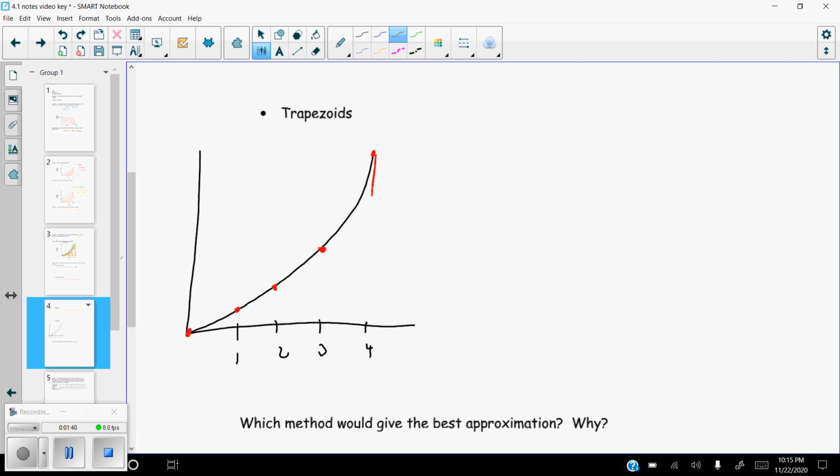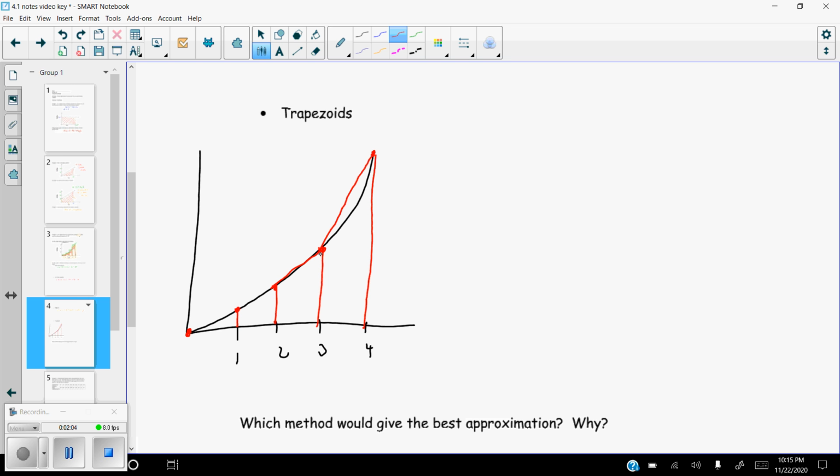So I'm going to draw a vertical line to separate all these. And those vertical lines are basically the bases of the trapezoids. The height of the trapezoids is the difference in the x values. And then we've got this piece right here, which creates the other side of the trapezoid. And on this one, you've got this piece, which creates the other side of the trapezoid.